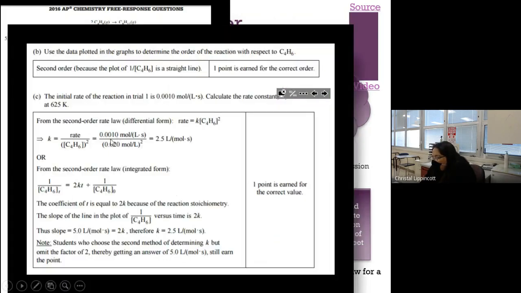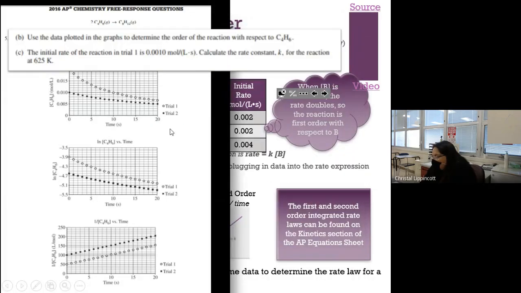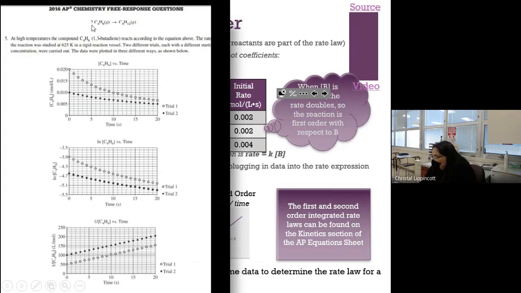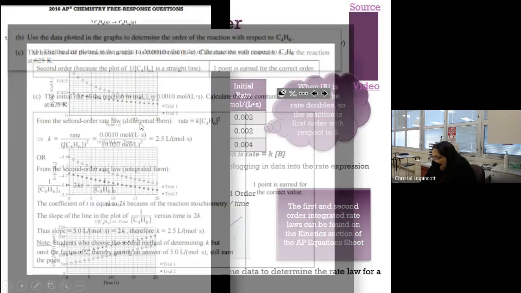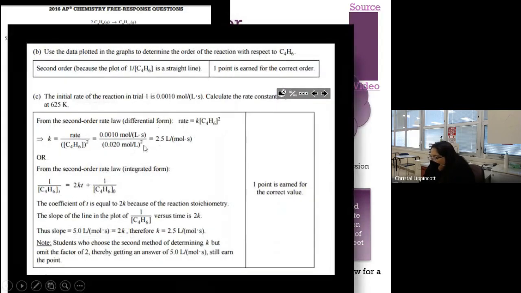So those are out. Then if you remember that we had this equation, rate equals k times the concentration, we have to square this because our order is second. It didn't come off very well, but there's a coefficient of 2 in there, so we've got to square that. And so we're going to solve for k and get your answer.